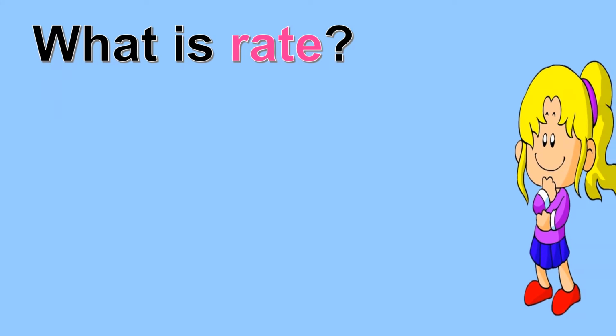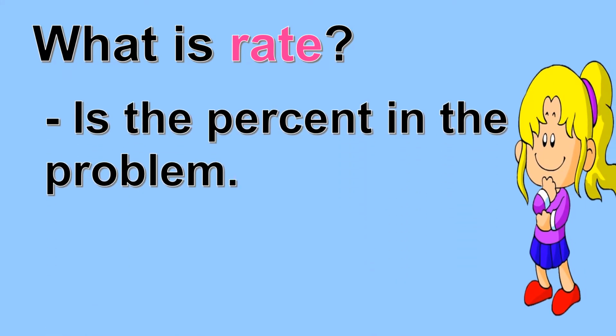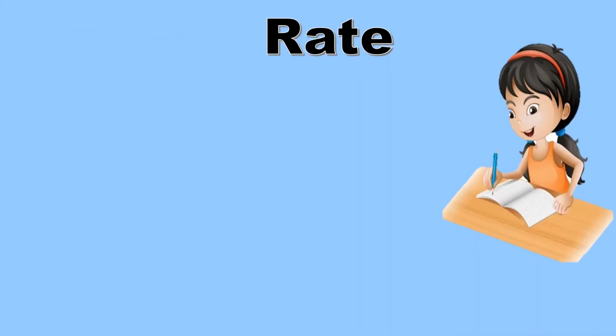How about rate? Rate is the percent in the problem. You can find the rate by dividing the percentage by the base. Remember that the rate is a percent. This means that the answer that you get is the rate times 100.